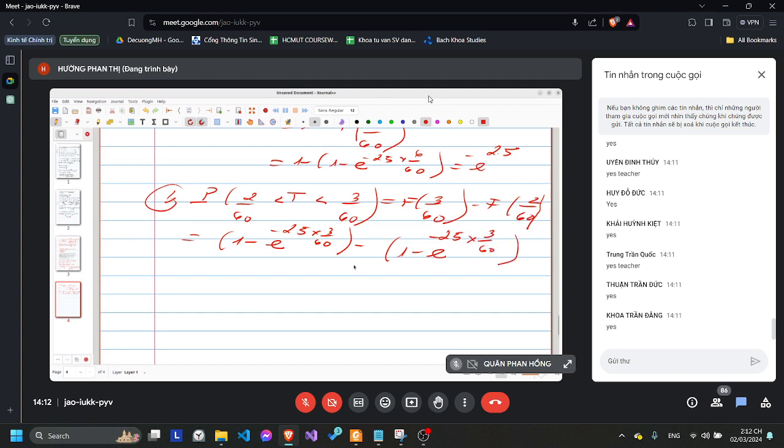Done, we get the answer. Very easy. This is a very good example to show the relationship between the exponential and the Poisson. Is this okay?